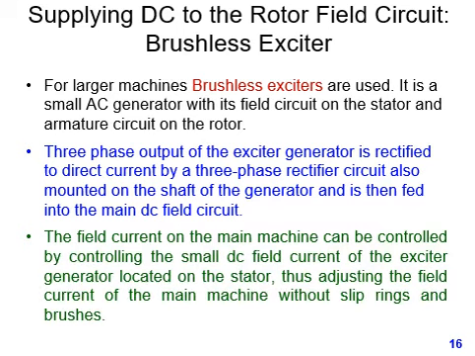The three-phase output of the exciter generator is rectified to direct current by a three-phase rectifier circuit also mounted on the shaft of the generator, and is then fed into the main DC field circuit.